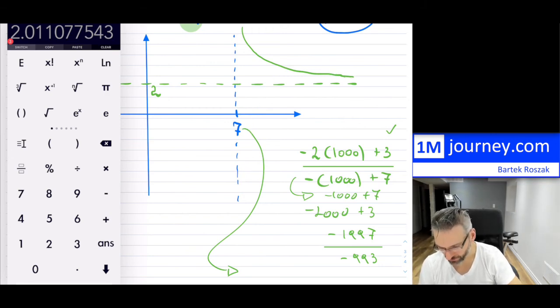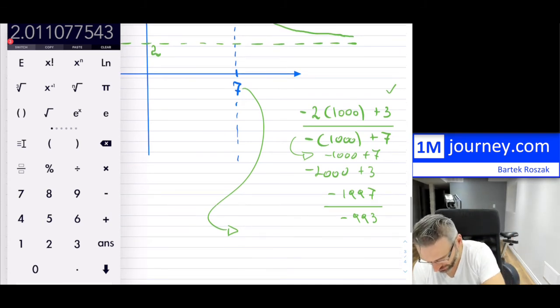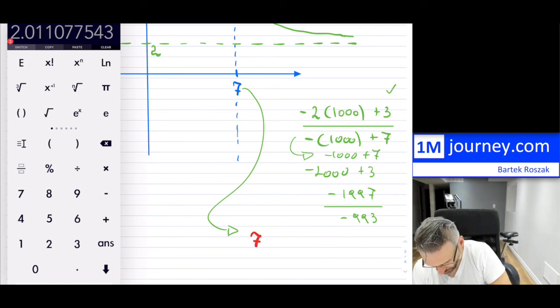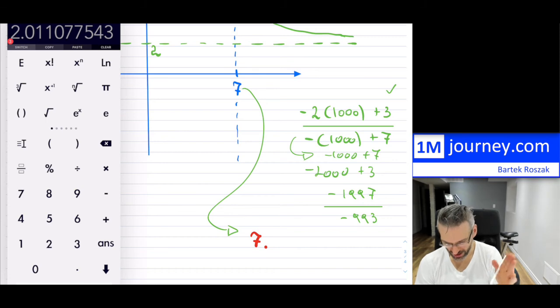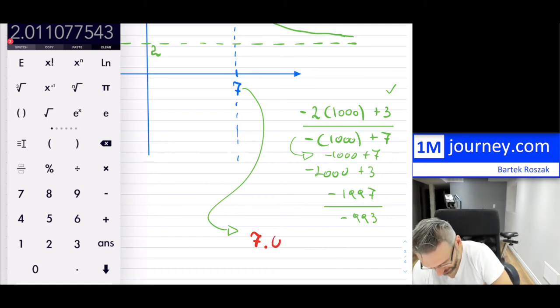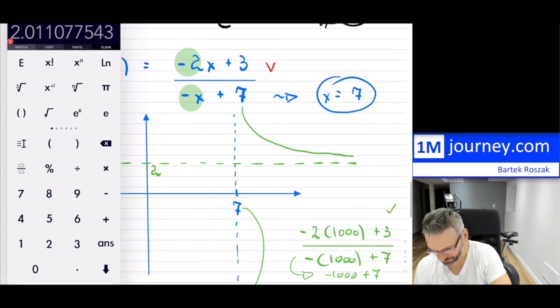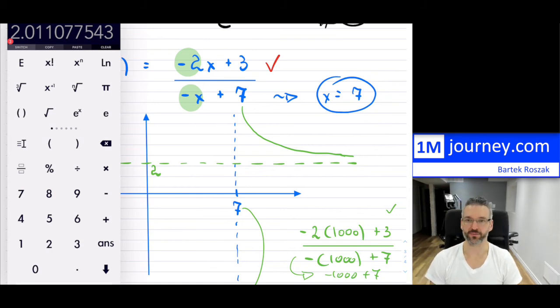Let's see as you get closer towards 7, so let's plug in a value as close to 7 as possible, but just on the right-hand side. What would the answer be?